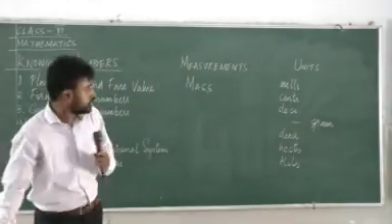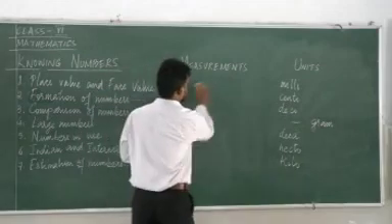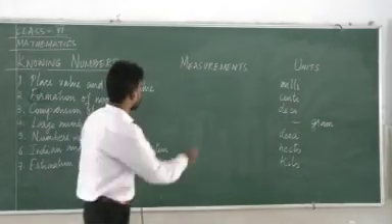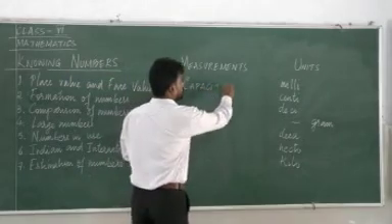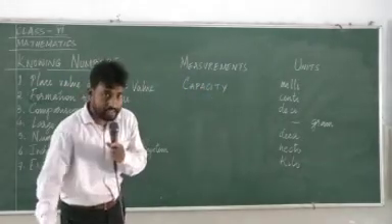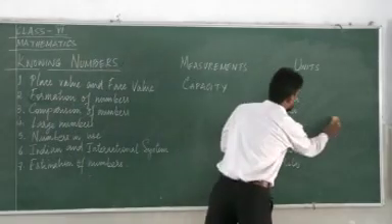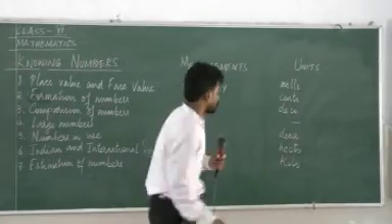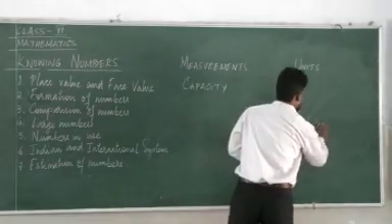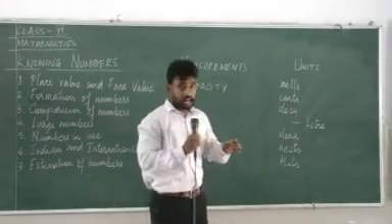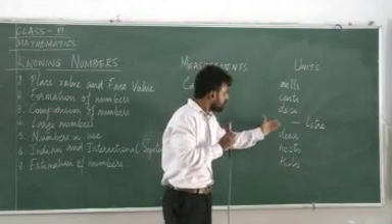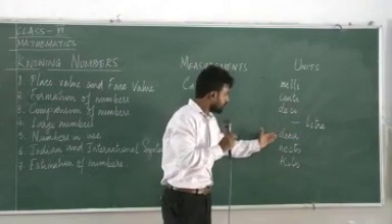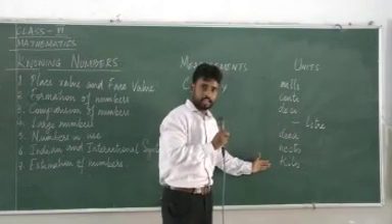Suppose you want to measure capacity. For capacity, we'll be using liter. Similarly, the other units will become milliliter, centiliter, deciliter, liter, decaliter, hectoliter and kiloliter.